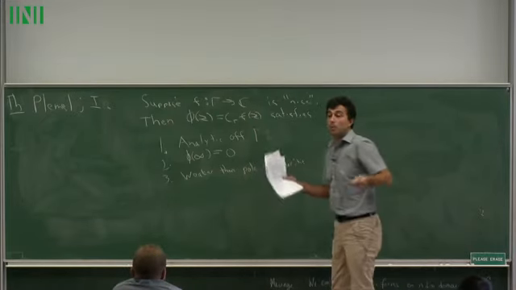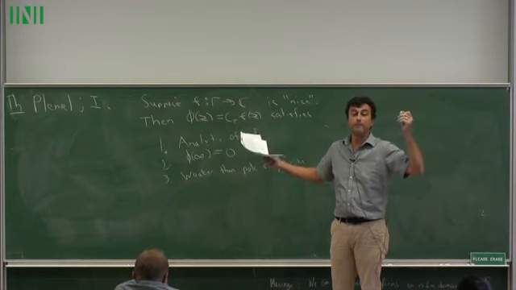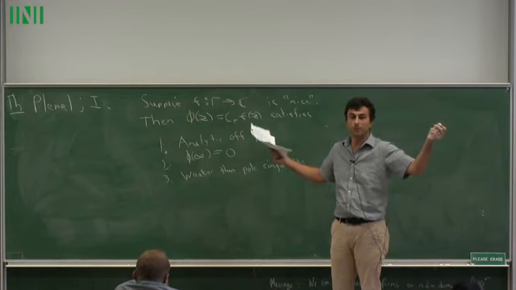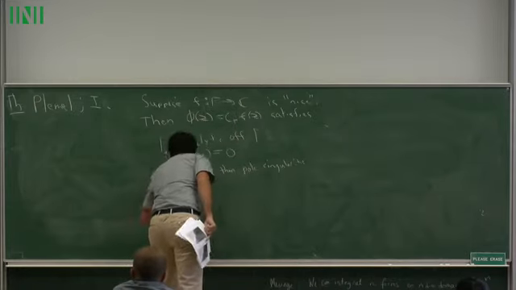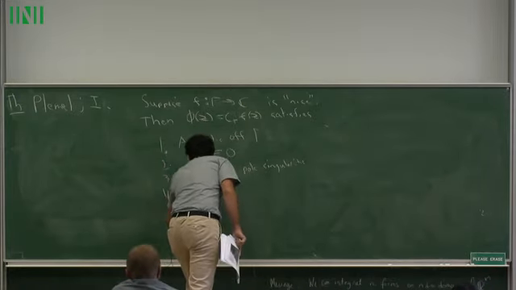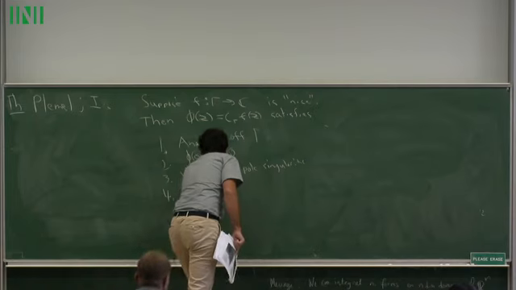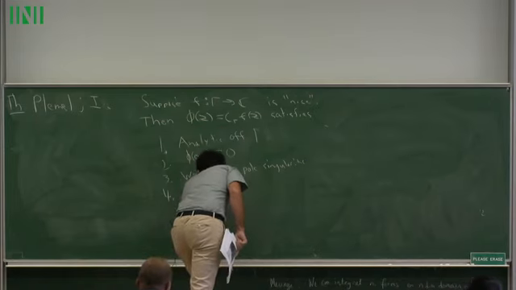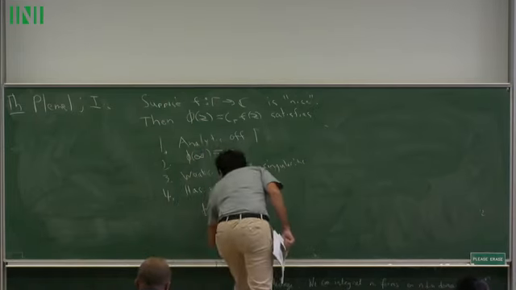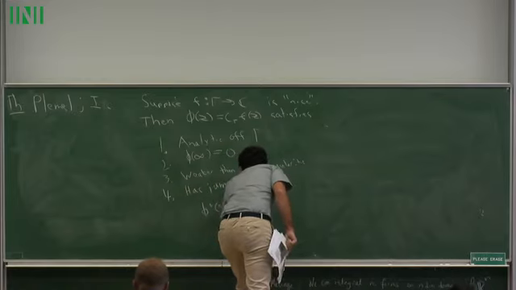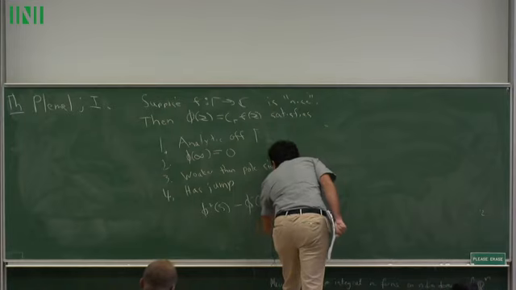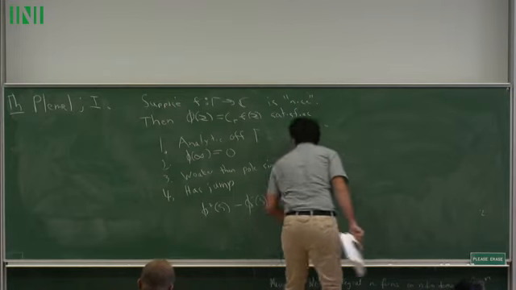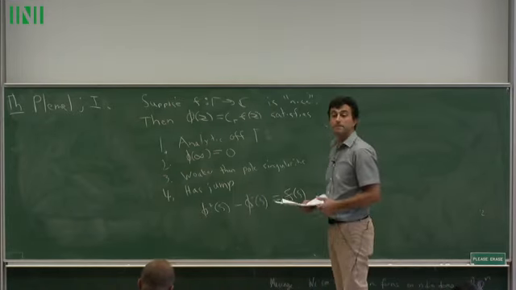So it may, for example, blow up at the left and right endpoints, but it's not going to blow up faster than 1 over z. And four, it has a simple jump: the limit from the left minus the limit from the right is equal to f of s.